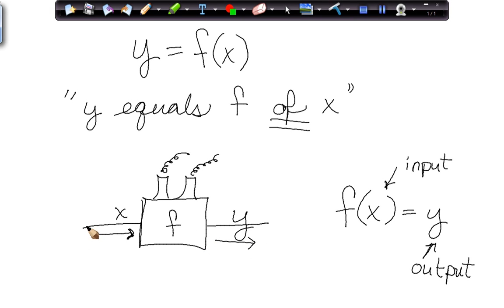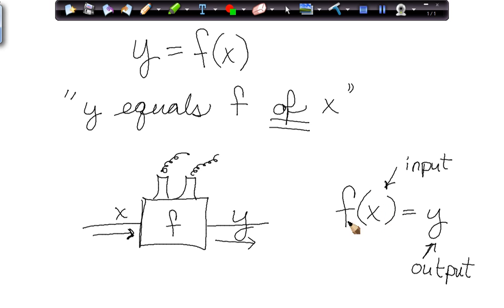So every factory has some things going in, then the factory does some work, and then those things come out, okay? And that's the same thing with a function, okay? So the function has a name. In this case, f is the name of the function, and then it has some things going in, and they're the x's.